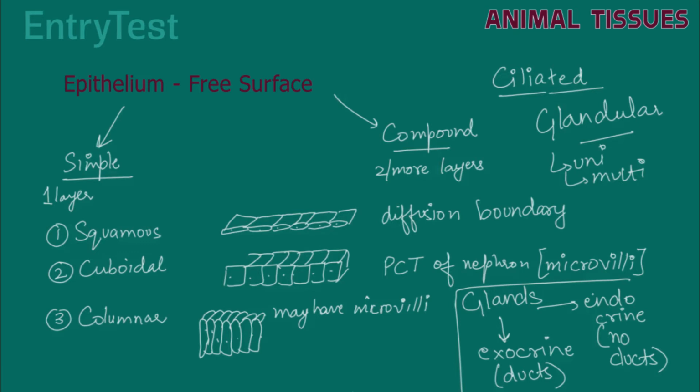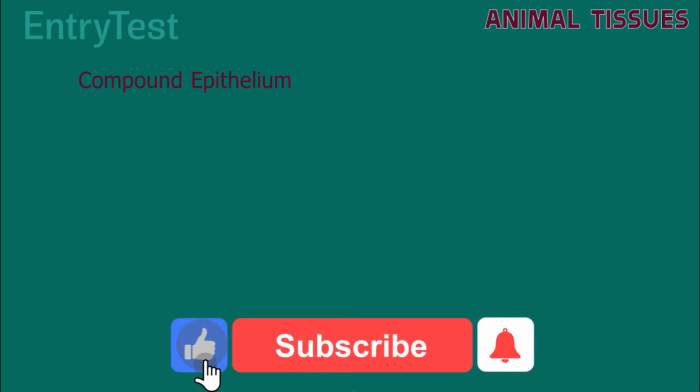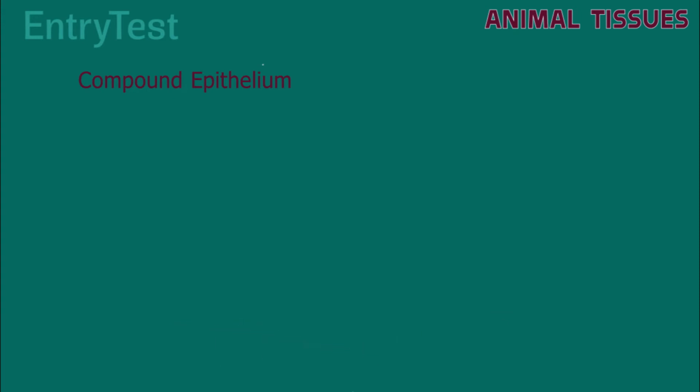Next, let's go to the compound epithelium, which is also an important part. So coming to compound epithelium, in this case, more than one layer is present, and the basic function is to give protection against any kind of chemical or mechanical stress.